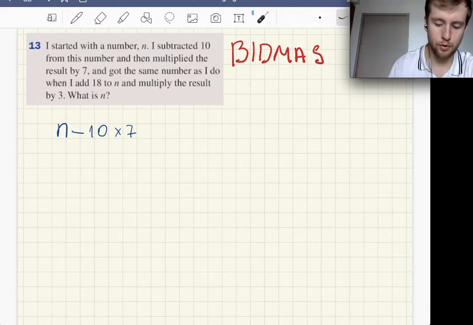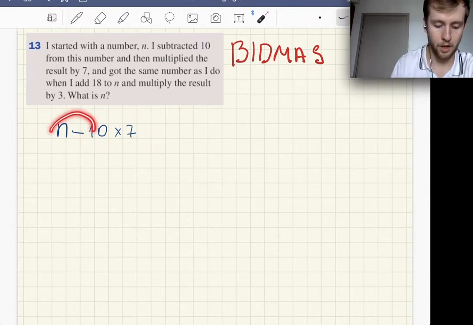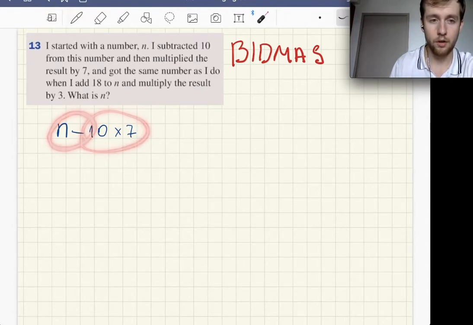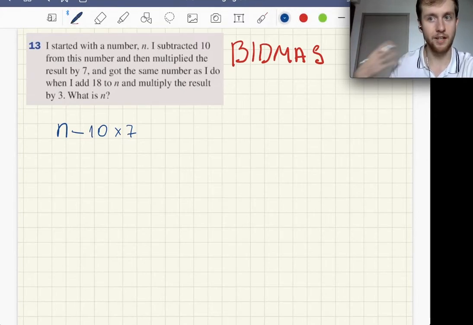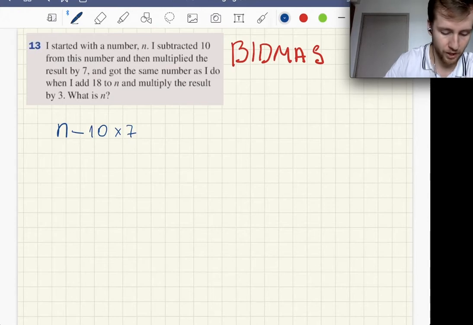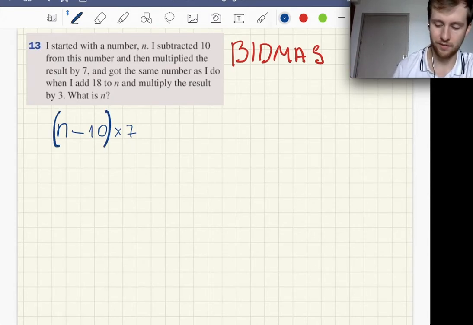You see, if you do this, we will have to first multiply by 7 and then do n minus whatever is here, right? So to make sure that we are doing the right sequence, first we subtract 10 and then we multiply by 7 only after this.